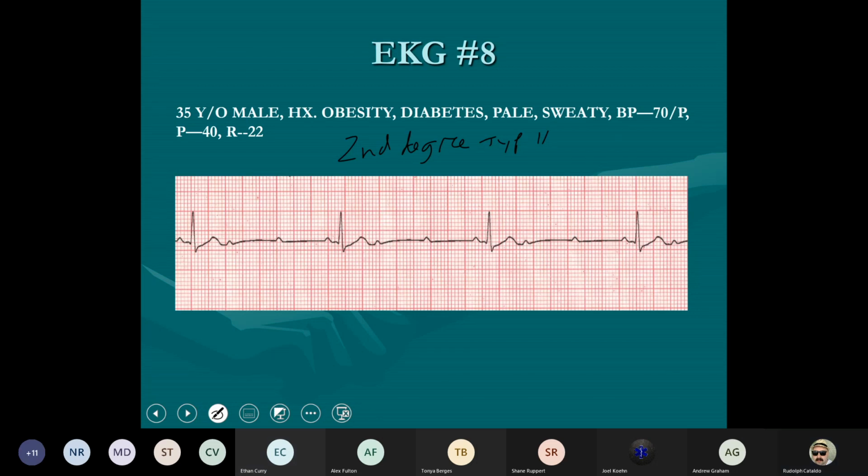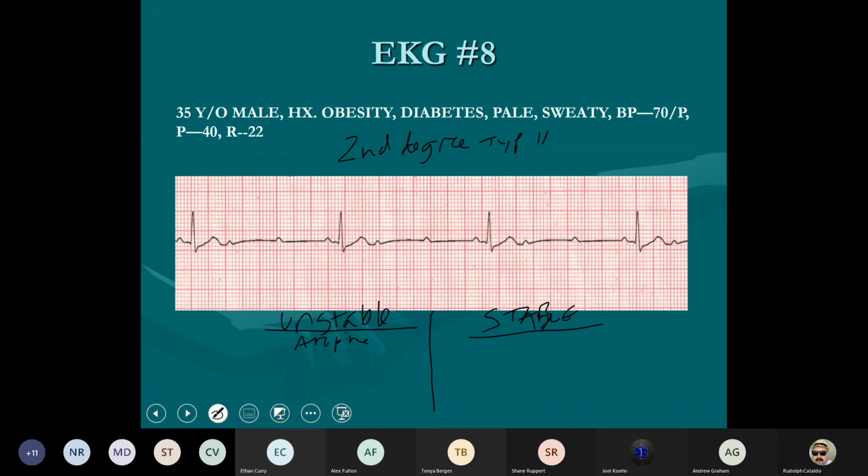Okay. Here's an issue. Stable or unstable? 70 over palp, unstable. Okay. What do you want to try to treat this patient with first? And there's nothing wrong with doing it, because ACLS will say consider it. Well, you could consider atropine or epi.